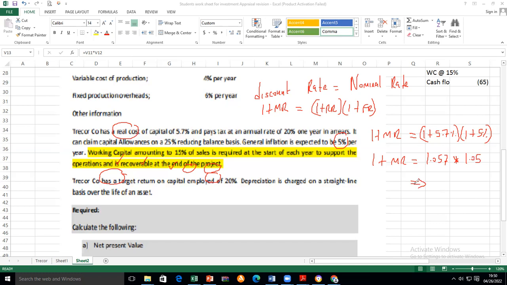Can somebody please give us the answer there? 1.109. Yes. Okay. We take this one on this side. What do we have? 0.1098.